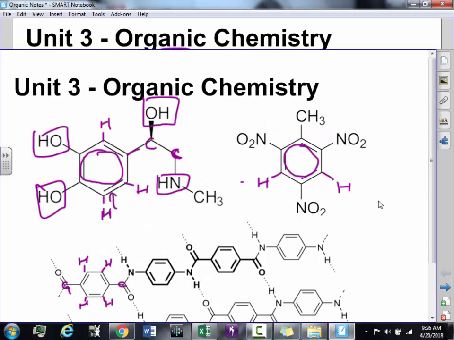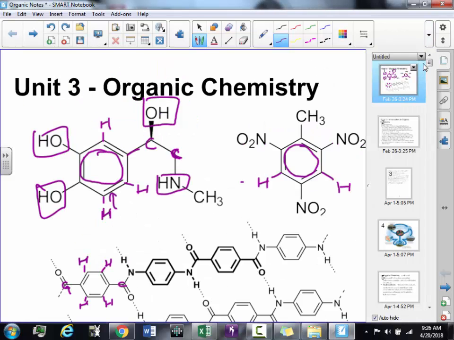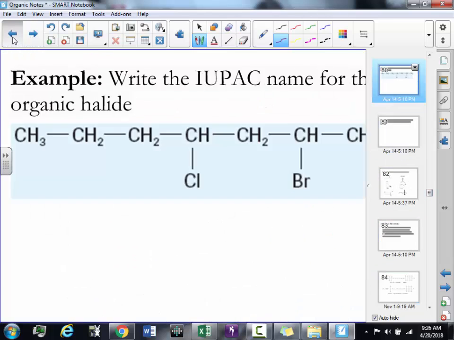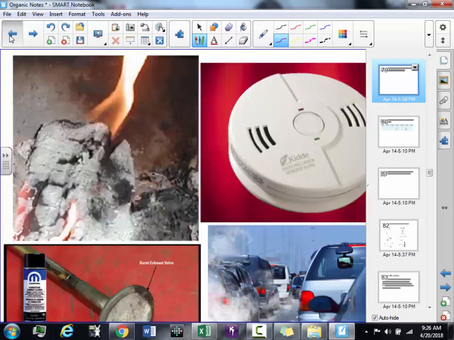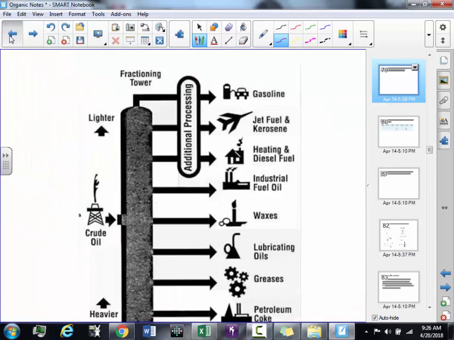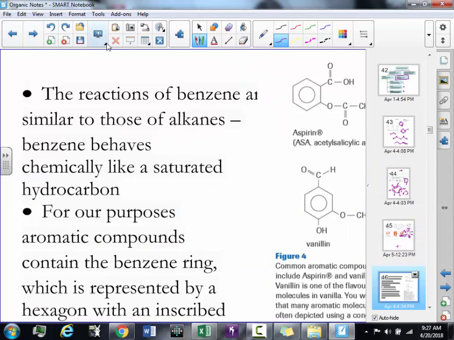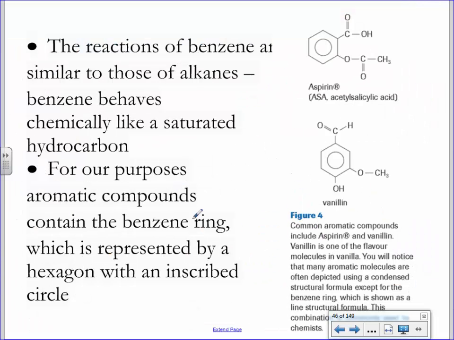Okay, let's talk about how to name it. So these benzene rings right here, you can attach a whole bunch of things off them like you can see here.